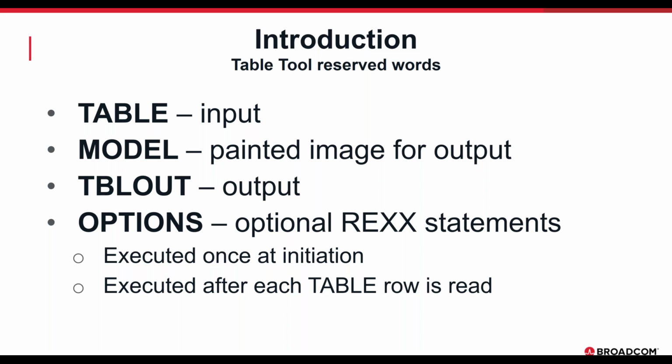And the output is written to the table out DD name. The options are, again, completely optional. That's kind of redundant, isn't it? But you can include statements in Rexx or not have any at all. And our examples that we're going to walk through today will show you some of the simple varieties of option statements that you can use.